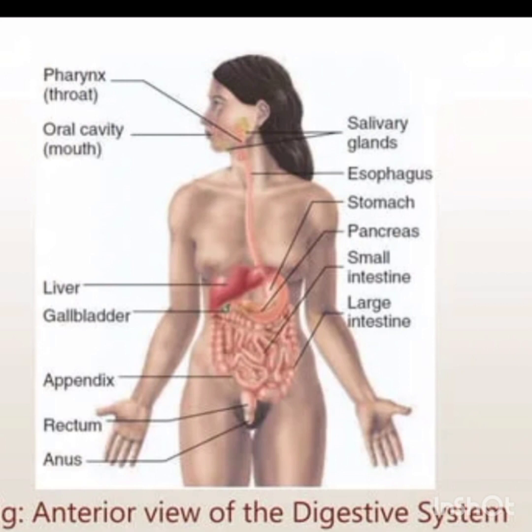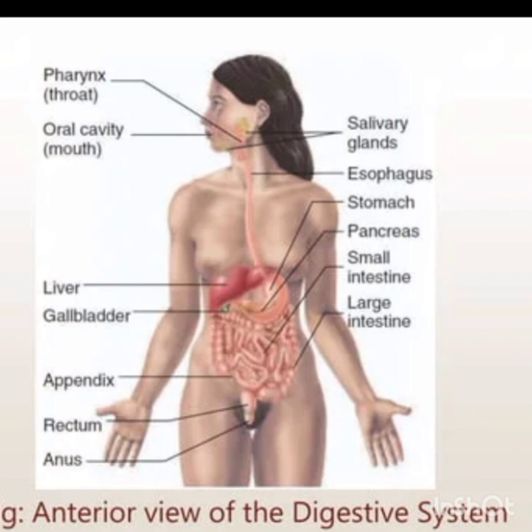The stomach, where the food is digested. The pancreas, which lies below the stomach. The small intestine, large intestine, the liver, below the liver the gallbladder, the appendix, rectum and anus.